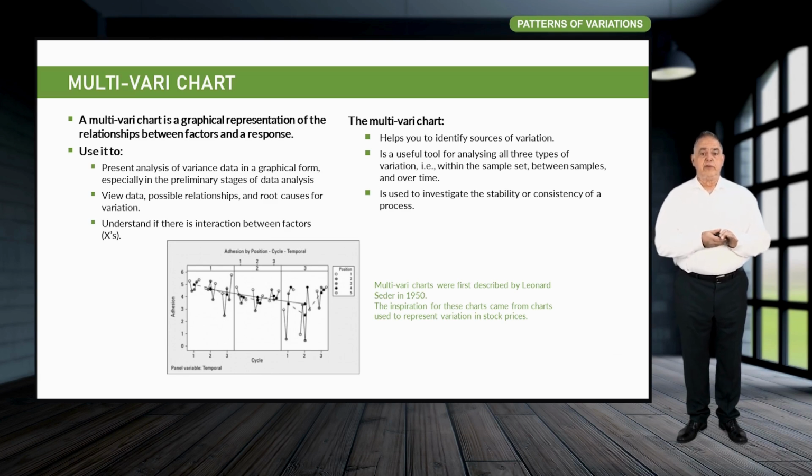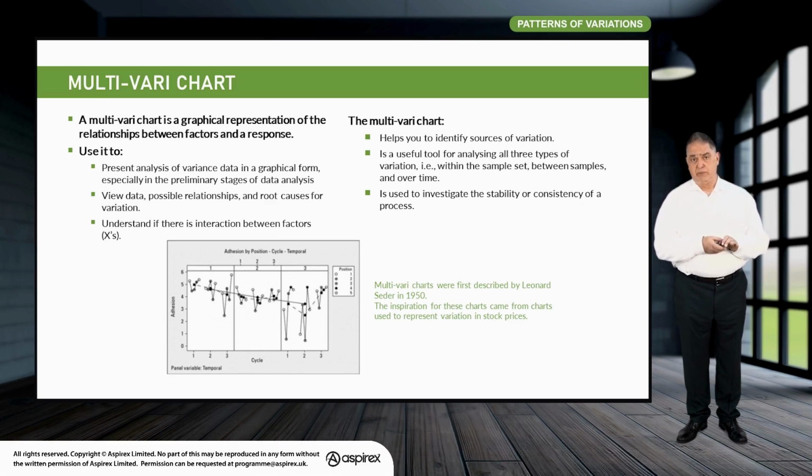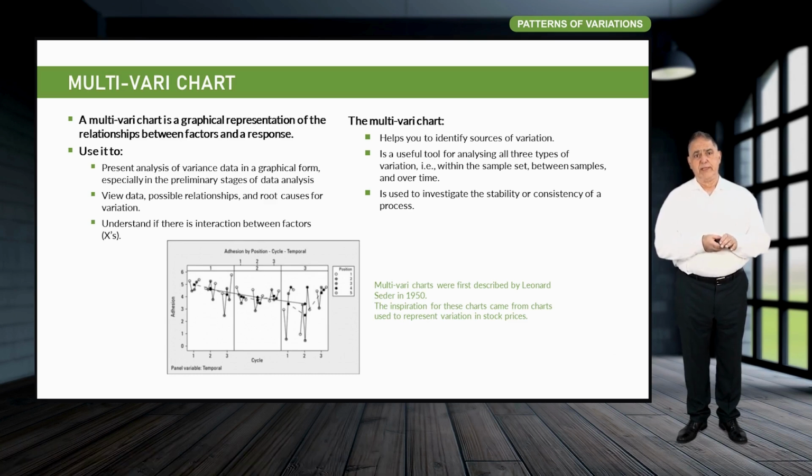It is useful for analyzing all the different types of variation, and also it helps us to investigate the stability or the consistency of a process, which is something very important, because what we try to determine is if we control the process inputs and if we set correctly the process steps between the process start and the process end, we should have predictable variation in the outputs. You should have predictable outputs and outcomes.